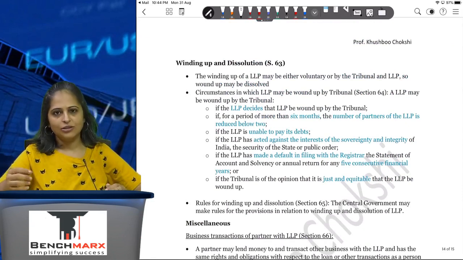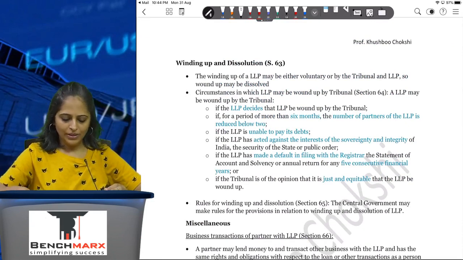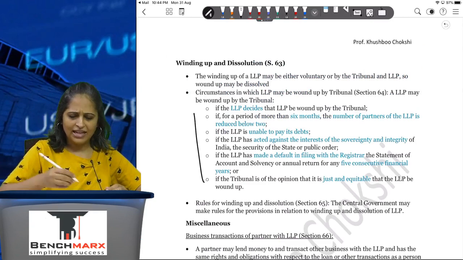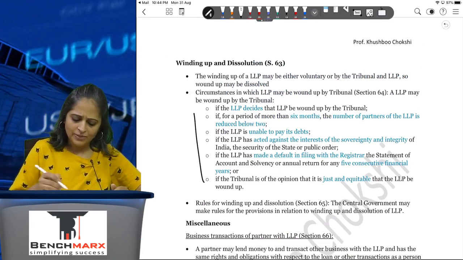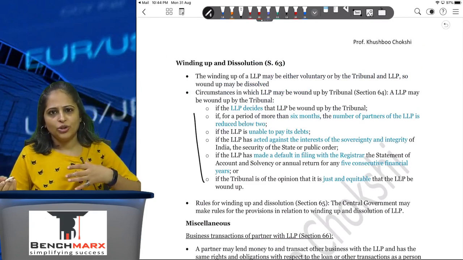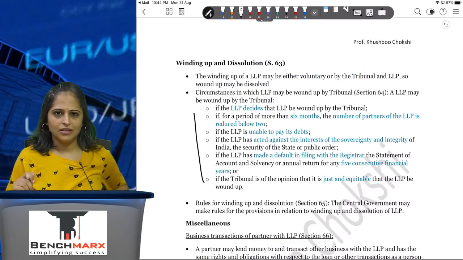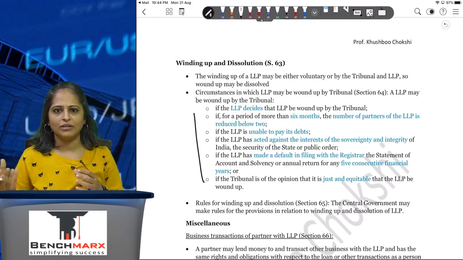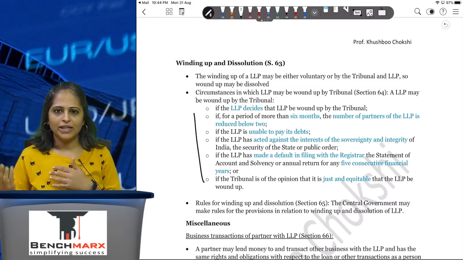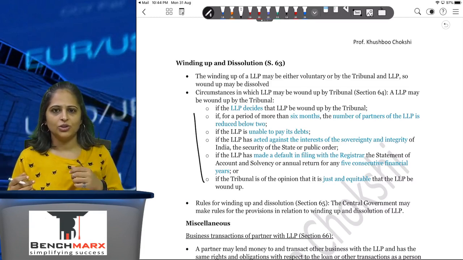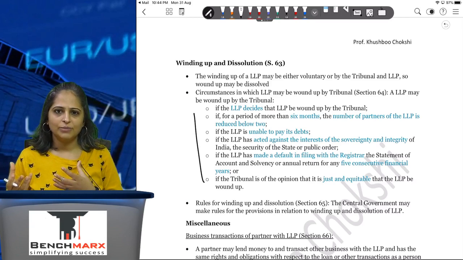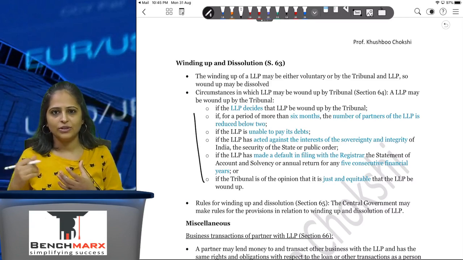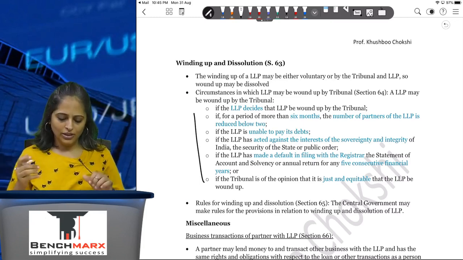And winding up and dissolution, you can wind up the company. This is important, probably this can again be asked for a 5-mark question. If the LLP decides that it wants to wind up its organization because they're not doing any business, or for 6 months they do not get a partner and the person is alone carrying out the business, so there's no partnership, and hence you can ask for dissolution. If you've not filed the necessary statements with the registrar for a period of 5 consecutive financial years, then again you can apply for winding up.